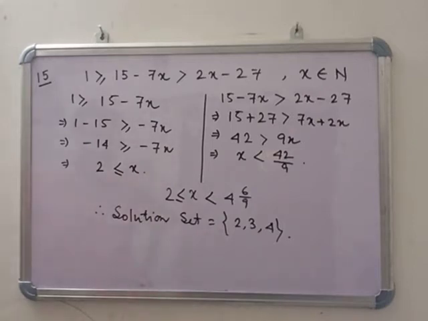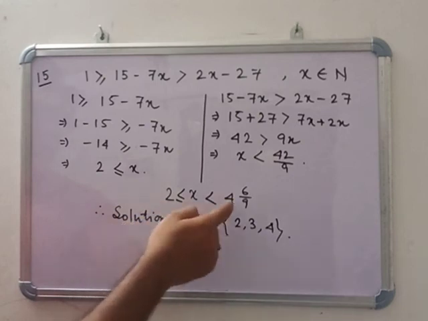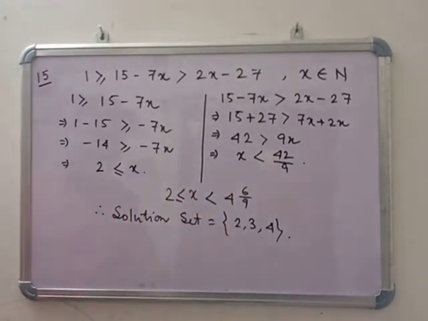Now similarly the last two parts, 15 minus 7x greater than 2x minus 27. So that means 15 plus 27 greater than 9x. That means 42 greater than 9x. That means x is less than 42/9. So that means x here belongs to 2 and 4 6/9.